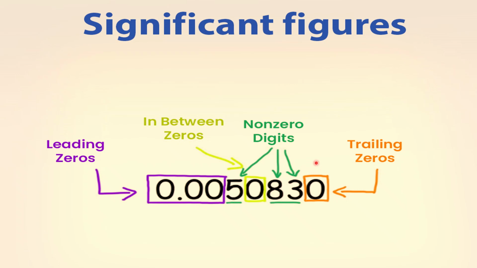If the zero is coming at the end, after a decimal point and after a non-zero integer, then this zero will be counted. And also if the zero is coming in between two non-zero integers after a decimal point, then this zero will also hold a value.